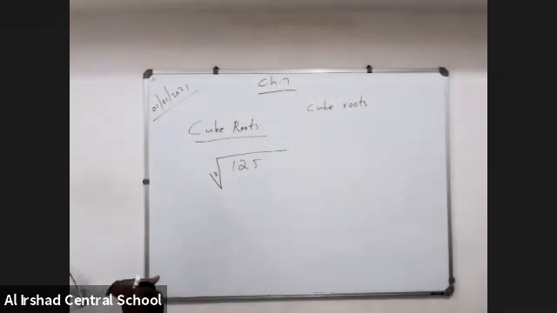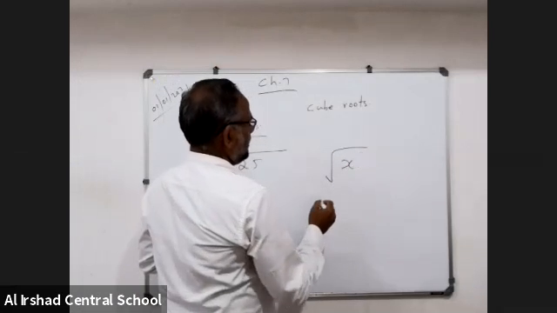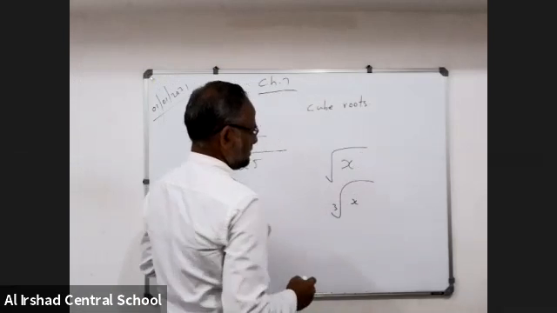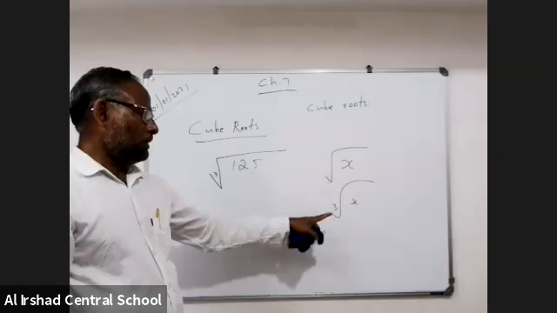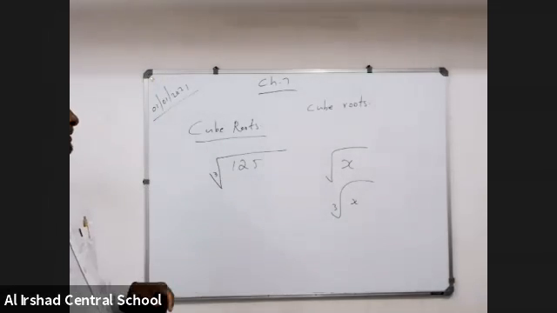The notation is the same. Square root of x, but cube root of x. That is the difference. Square root we are not writing. Cube root we have to write the 3.